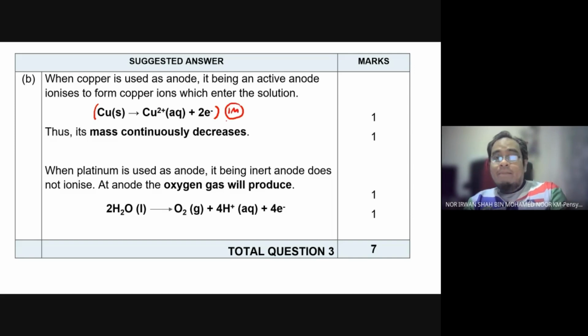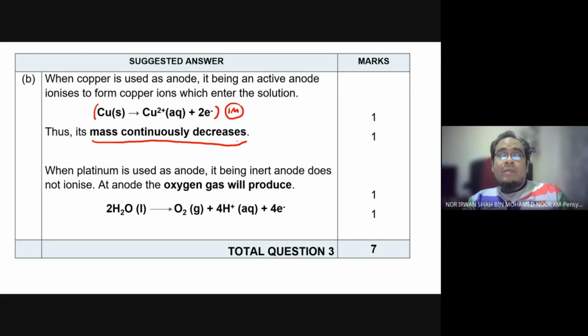Okey, and then tahu kan soalan minta apa? Kita buat perbandingan in terms of product form kan. Jadi apa akan berlaku? Copper anode lama kelamaan dia punya mass akan berkurangan. Ataupun dekat sini dia tulis mass continuously decreases ataupun apa-apa statement yang membawa maksud yang sama.